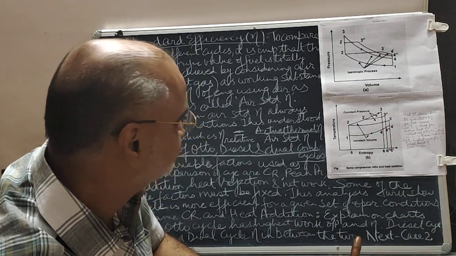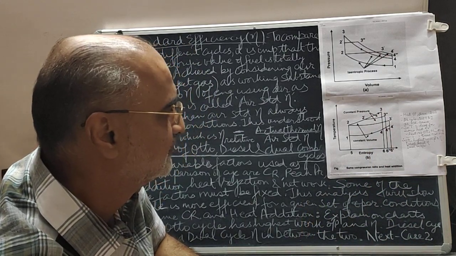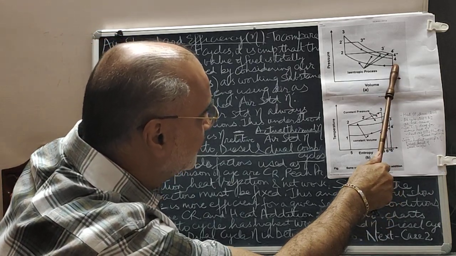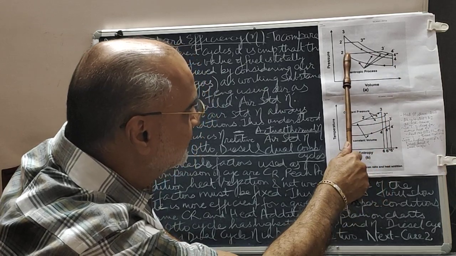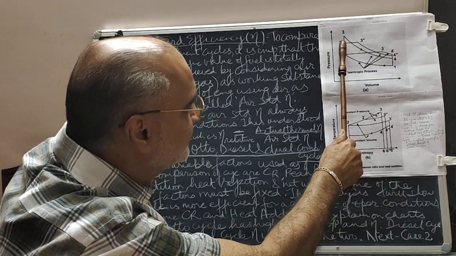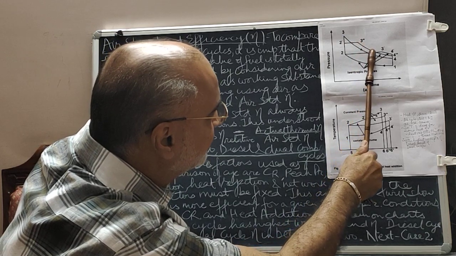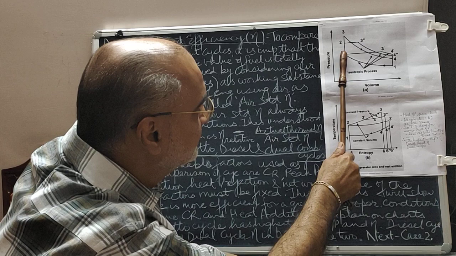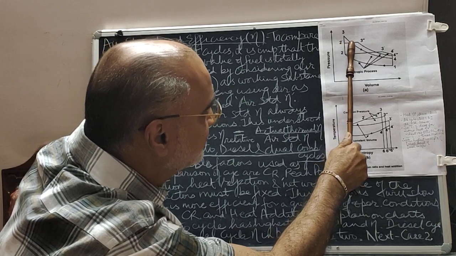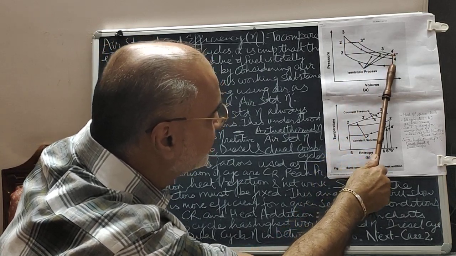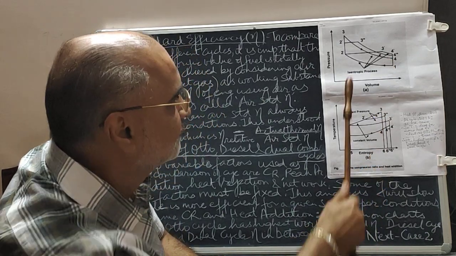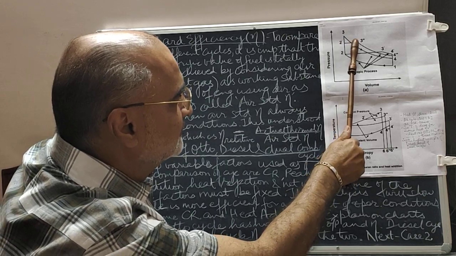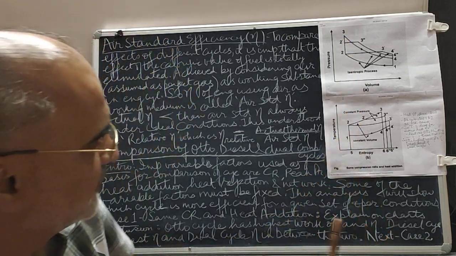What is the dual, which we've seen in the previous? The dual combustion cycle, 1, 2, 2 dash, 3 dash, 4 dash, 1. This is the petrol part, the diesel part. This we have covered.